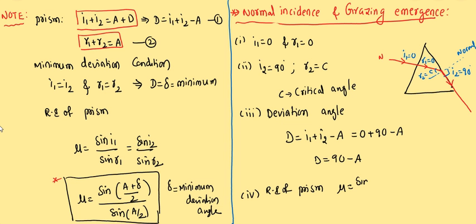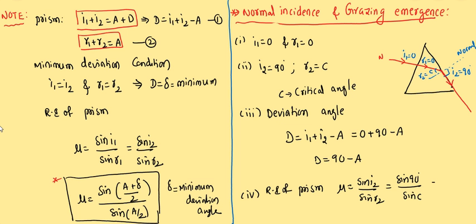Nu is equal to sin I1 by sin R1, or sin I2 by sin R2. Any one formula we can use. But here I1 and R1 are 0, that's why we cannot use that formula. And then we use sin I2 by sin R2. What is sin I2? Okay, sin I2 we write as sin 90 and sin R2 we write as sin C. We write nu is equal to 1 by sin C.